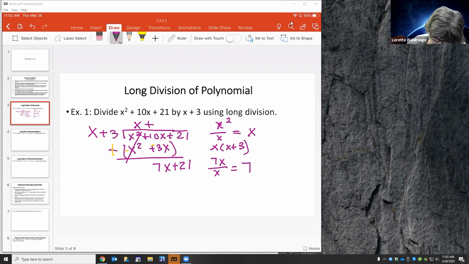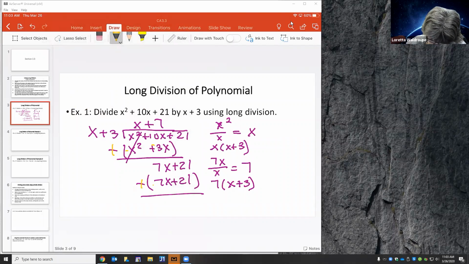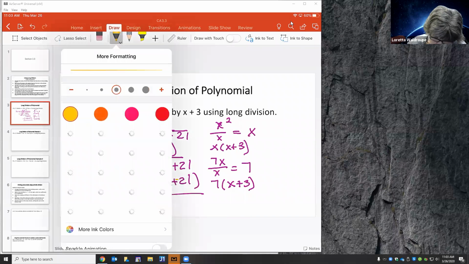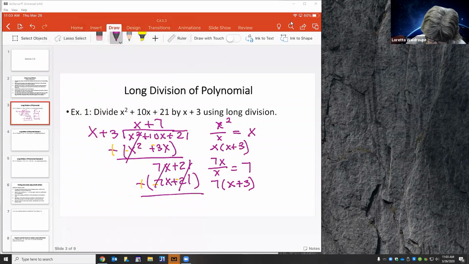So again, that goes in my quotient, and then I have to take that times my x plus 3 and subtract. Again, remember, change your signs. And in this one, everything cancels, which means your remainder is 0.